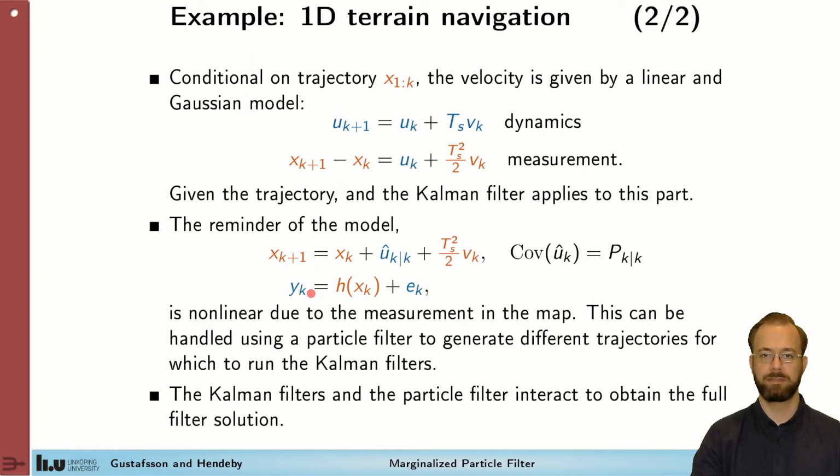The remainder, which is the update of the position with this nonlinear measurement, becomes the particle filter part. Note that if we solve this part first, we have statistics for this, so this can then be applied in a normal particle filter. And this particle filter is just one-dimensional instead of two-dimensional. By running these Kalman filters and the particle filter, we now get the representation of the posterior distribution as I described previously. That's a mixture between Gaussians and particles.